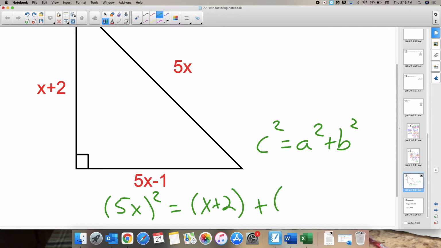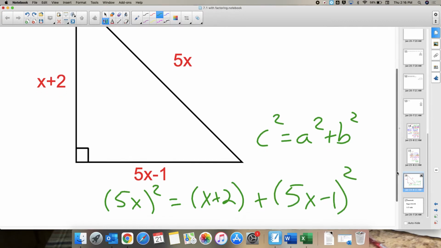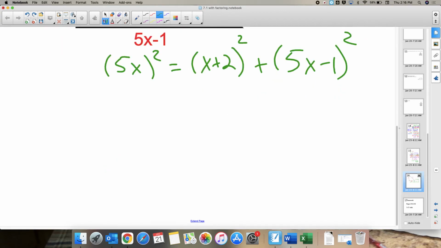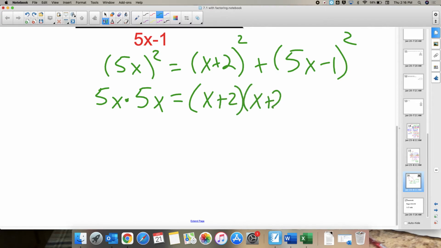We'll do 5x minus 1 for b. 5x squared means 5x times 5x. x plus 2 squared means x plus 2 times another x plus 2. 5x minus 1 squared means 5x minus 1 times 5x minus 1.